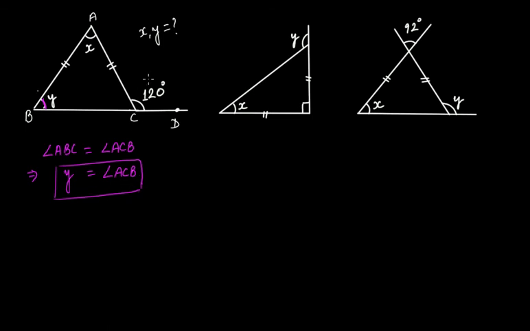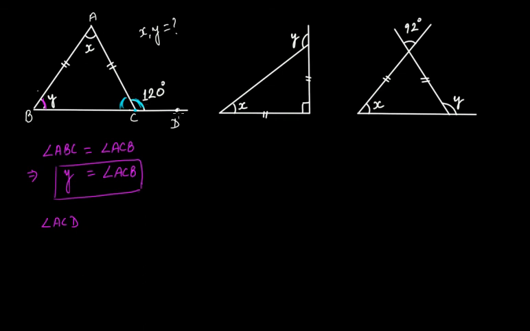Now, if you look here, this external angle, that is angle ACD, and this angle at this vertex are actually forming a linear pair, right? A common arm, two non-common arms, two adjacent angles, and they are a linear pair.